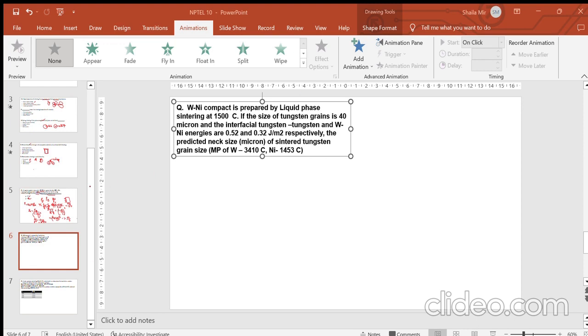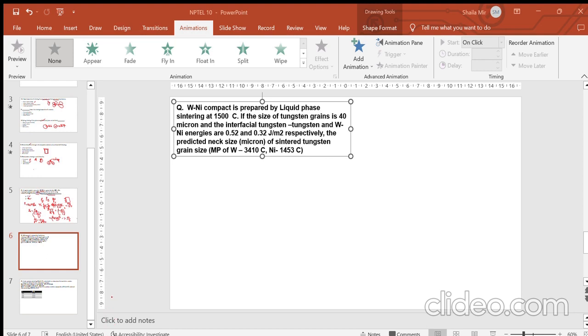So x is always taken as the neck diameter. What is this interaction between the tungsten and tungsten? You have to assume this is not just a circle, this is a sphere. So this is a three-dimensional model. In a three-dimensional model, when you have an interaction between this atom and this atom, it will be joined at this position, and at this position you can assume it to be in the form of a circle.